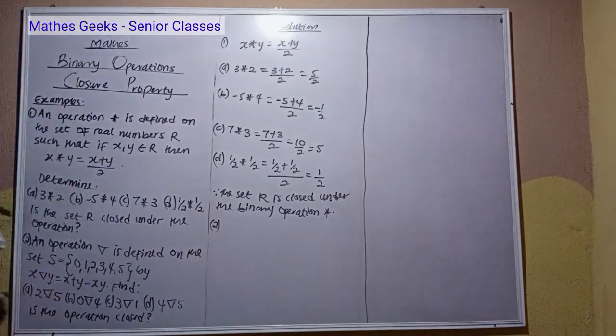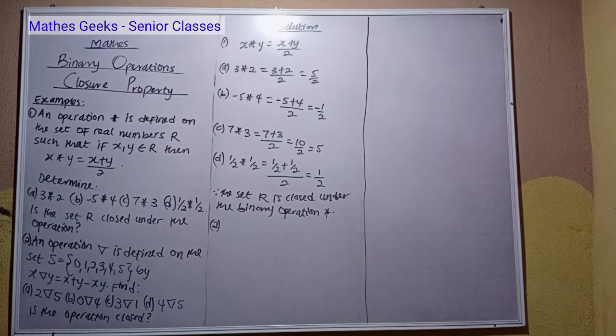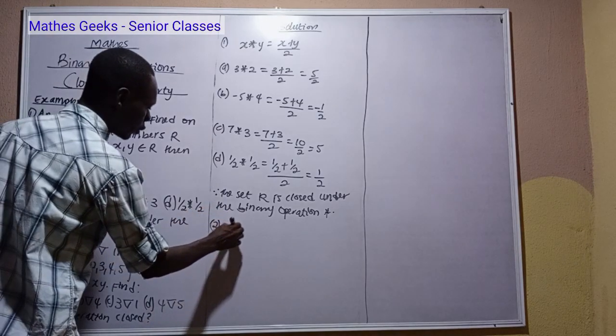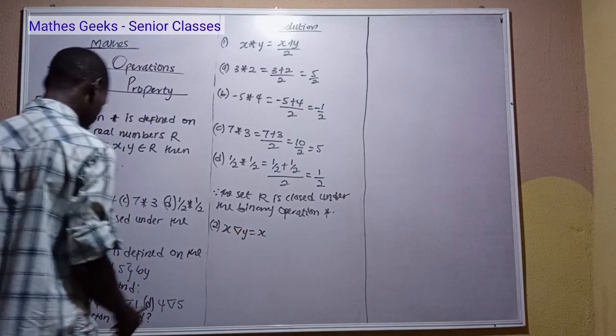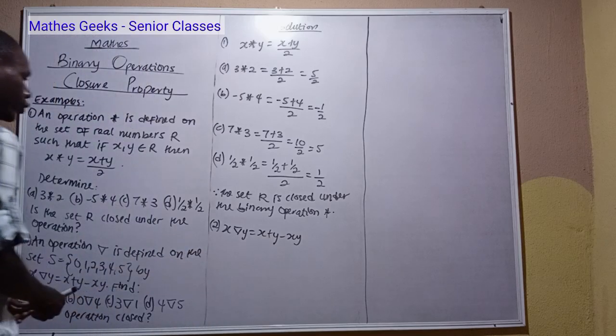An operation is defined on the set S. So these are the members of the set S, where x operation y equals x plus y minus xy. This is the rule of combination.